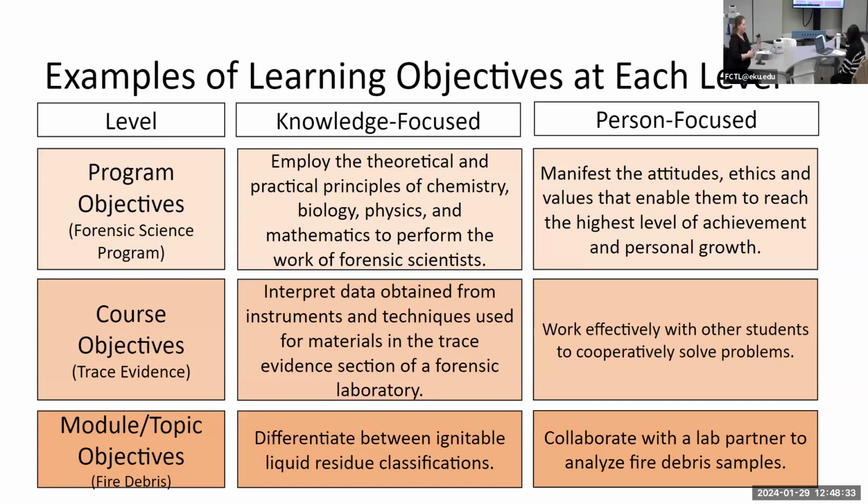And at the module or topic level, for fire debris analysis, we've got a knowledge one, and then we've got them collaborating together to analyze their samples. So we can have both knowledge focused and person focused objectives at a variety of levels.